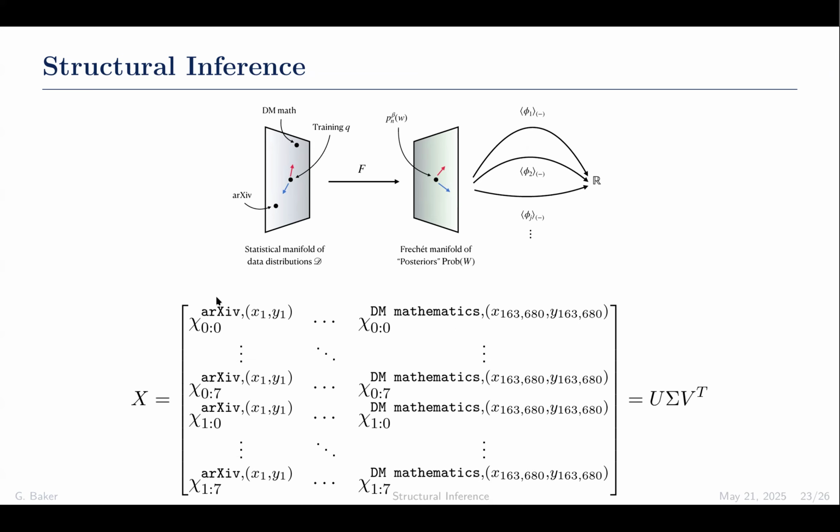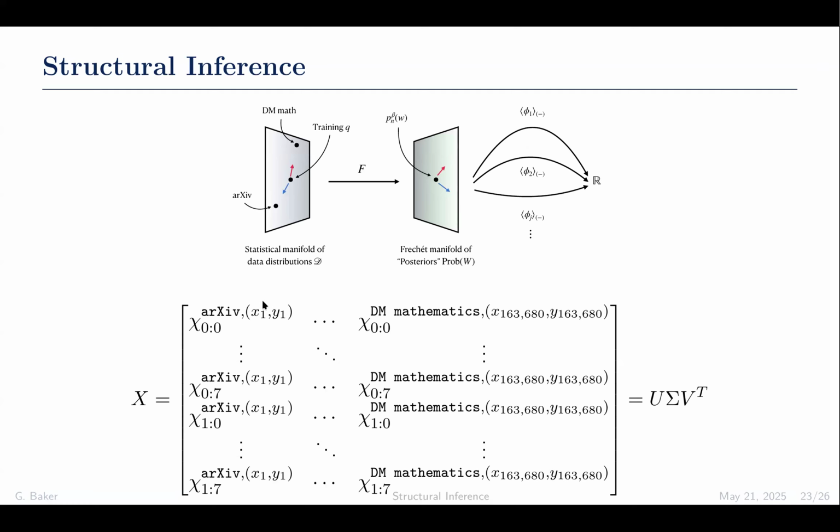And so those are all our columns. And we have all of our heads as our rows. So we find the susceptibility of each one of these x's and y's with weight restriction 0,0 or 0,7 or 0,1 and so on.